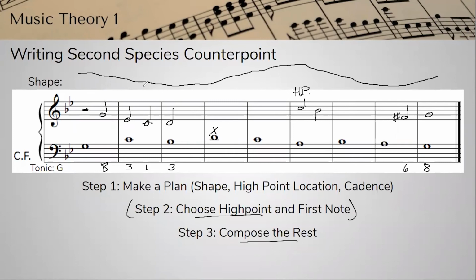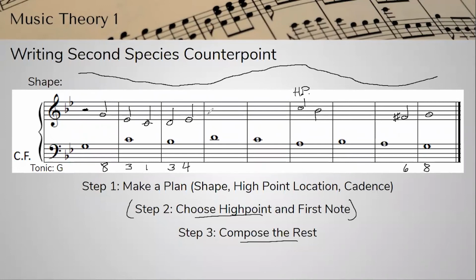And now we've had a chance to go in the downward direction. Let's see if we can go in the upwards direction, which is what our shape is kind of suggesting. So let's go up, by step, to this note, E flat, which is a fourth. So that is a dissonance on a weak beat, which is a good thing. We want to resolve that up by step if we can, or down by step to a consonance.